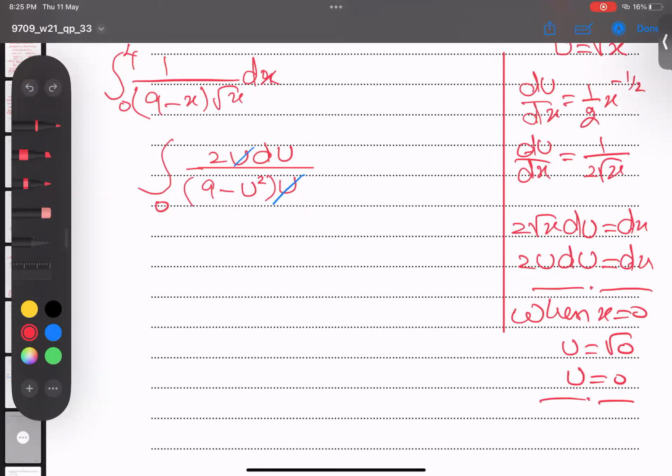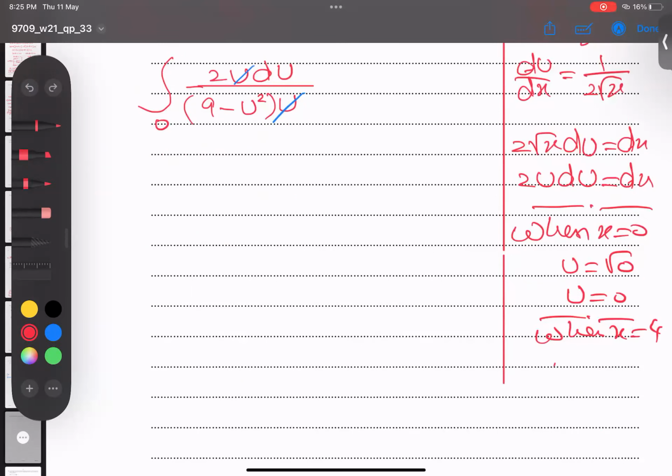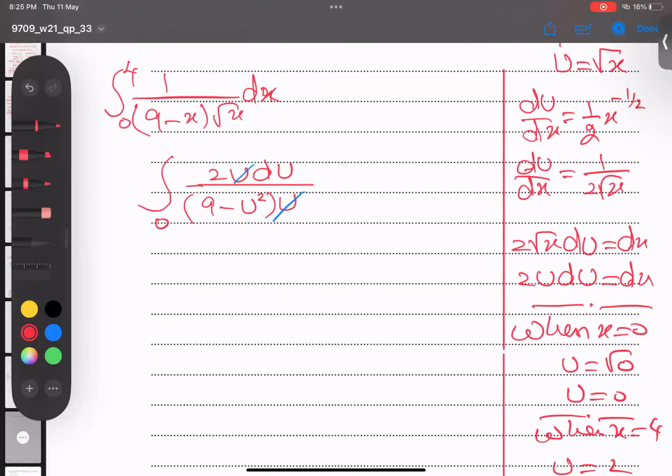Upper limit is 4. I am saying if or when 4. Plug in 4 here, and root 4 is coming 2. So alhamdulillah rabbil alameen, it means limits converted to 0 to 2. So alhamdulillah rabbil alameen, full question is converted from x to u, sorry.